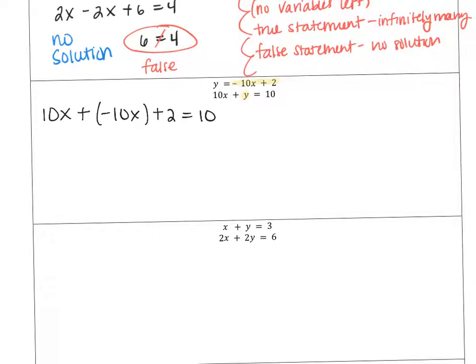All right, negative 10x and 10x gives me 0. So 2 equals 10. I ask myself, is this statement true? And the answer is no. That's a false statement. So how many solutions are there for this system? There's no solution.